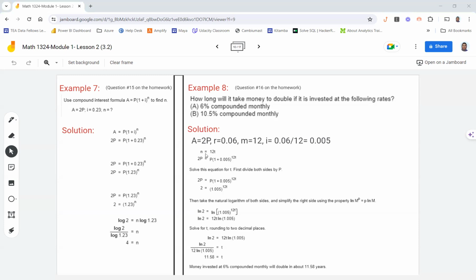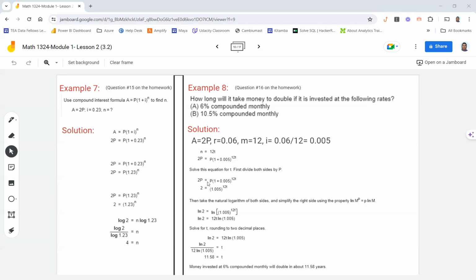Now, if we plug in these numbers to the formula, 2P is equal to P times (1 plus i) to the power of 12 times t. So where is this 12 times t coming from? Because we will try to solve for time and it's monthly, so we will need to put here 12t.